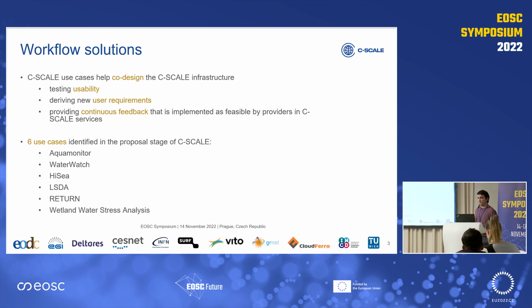I'm going to present here a very brief and high-level summary of the 6 use cases that were identified in the proposal stage. And those are the acronyms for the use cases, just to save some time. So it's Aqua Monitor, Water Watch, High Sea, LSDA, Return, and Wetland Water Stress Analysis.